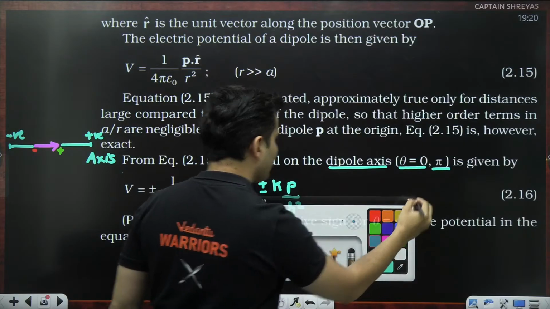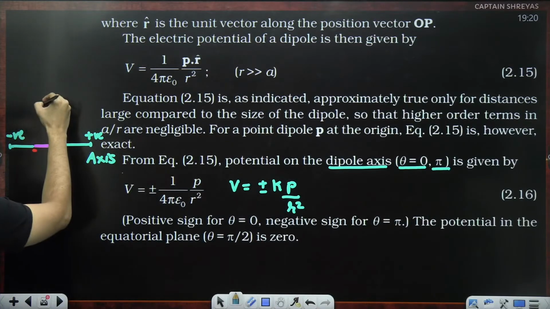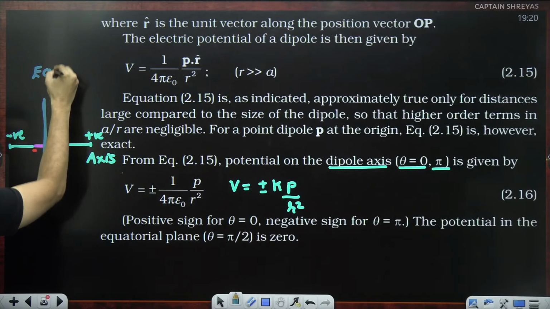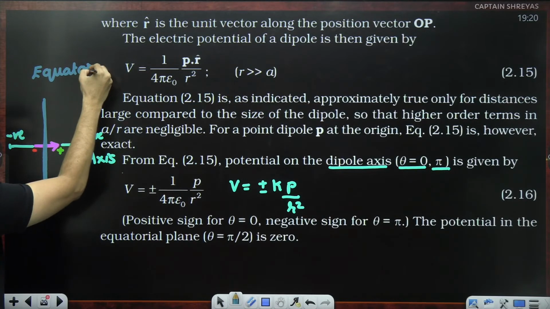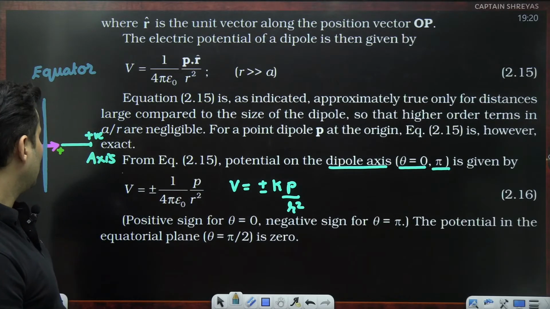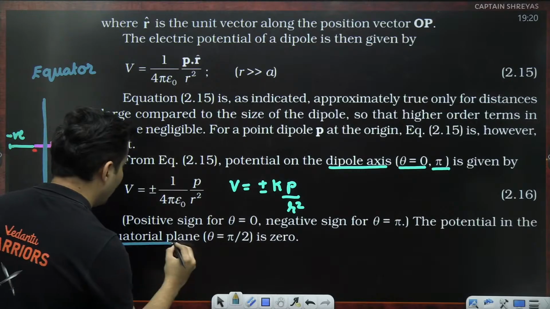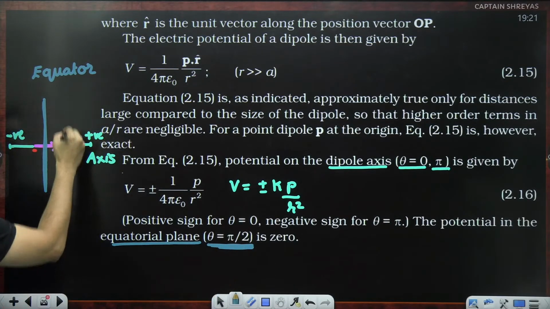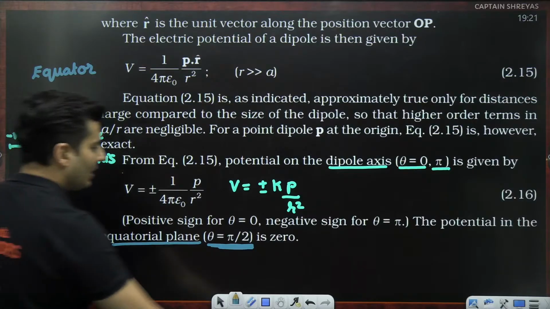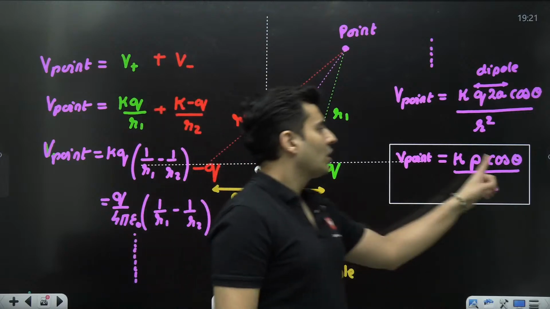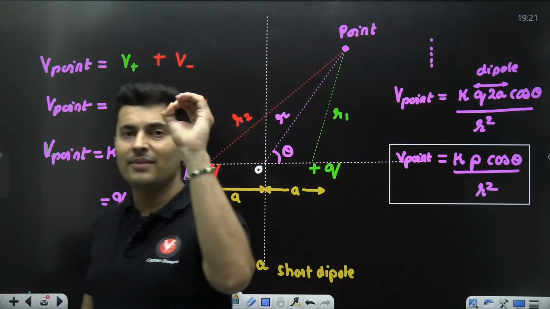if you go over here, what is this region called? This is called our equator. Remember, this was called our equator. So at the equatorial plane, theta is 90 degrees. The angle which you make will be 90 degrees. And what will be the potential? Think about it. Cos 90 will be a big fat 0.